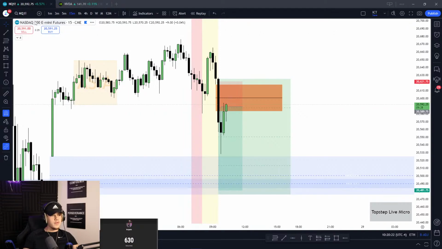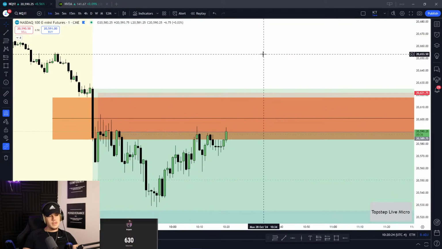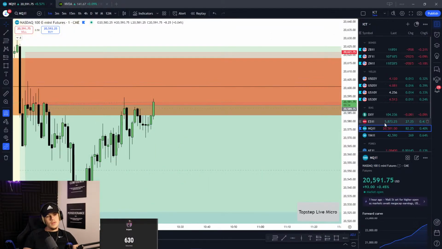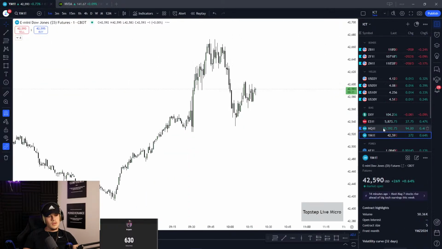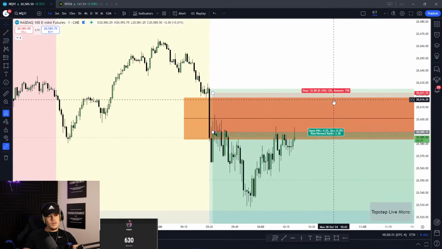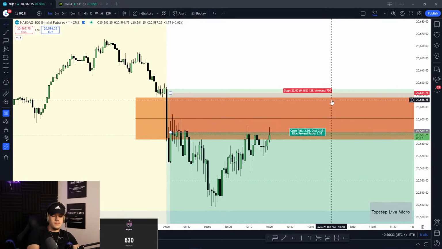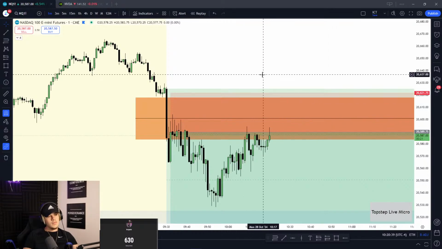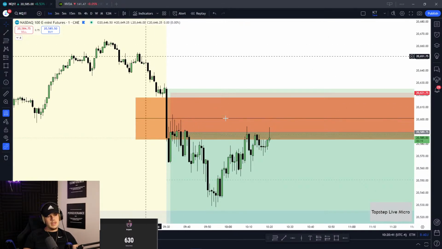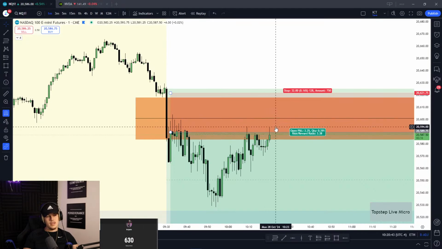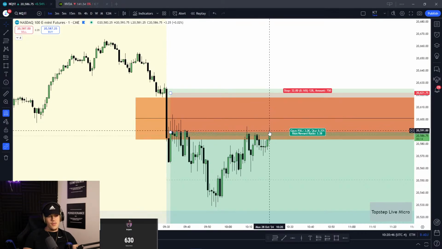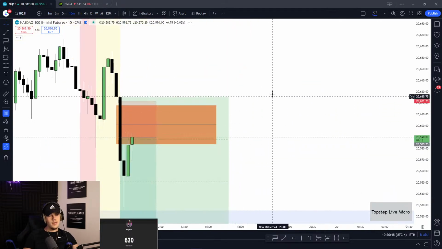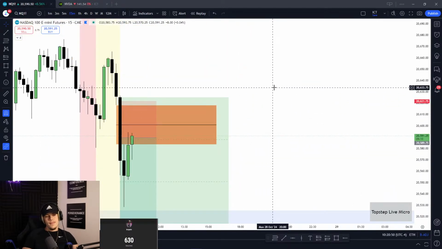Right, but we could reverse up higher if we're going to disrespect this. I think that's our last wick of manipulation, to be honest. I think that we're going to move lower after that. Ideally.